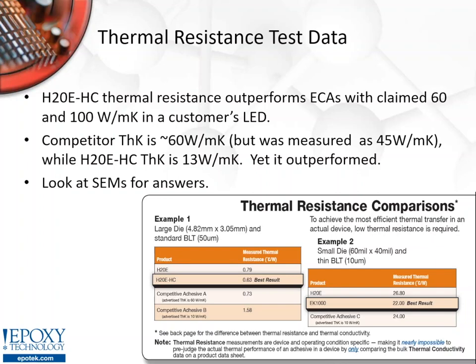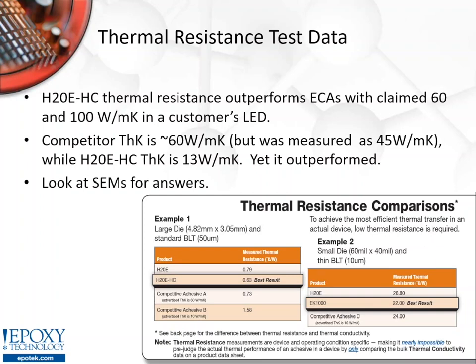Our testing with IR cameras on both large and small die showed that high thermal conductivity as a data sheet property can absolutely be outperformed by something that has an overall better interface with your part. We found this a little interesting, a little unexpected overall, assuming that bulk thermal conductivity would really be the way to go. So to figure out what was happening, we knew we needed to investigate further.